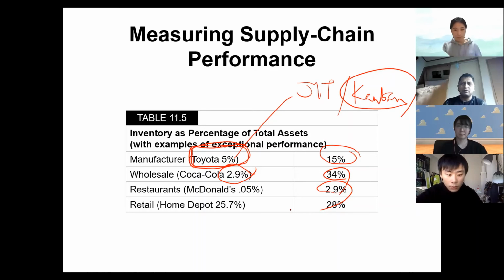It's perishable; food gets rotten very easily, so you don't keep it. Retail, Home Depot for example, is 25%, but the average is 20%. So this is inventory as a percentage of total assets. That's why companies do inventory stock calculation every year. They take stock.